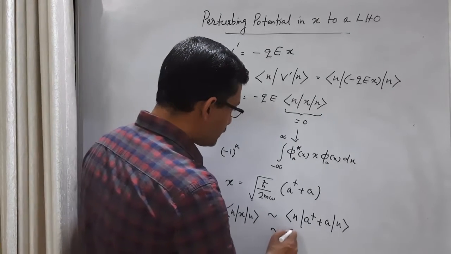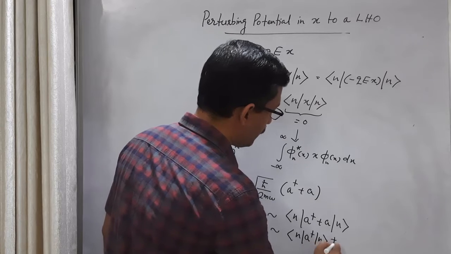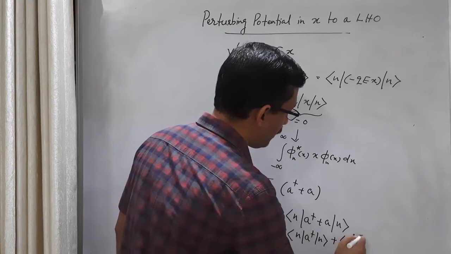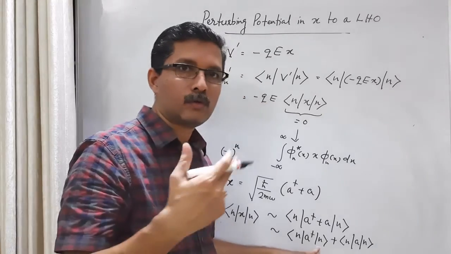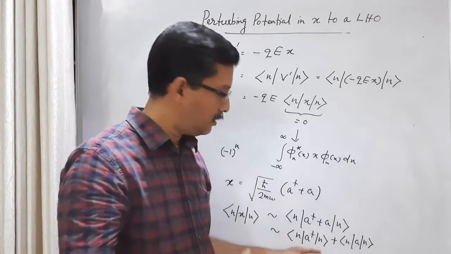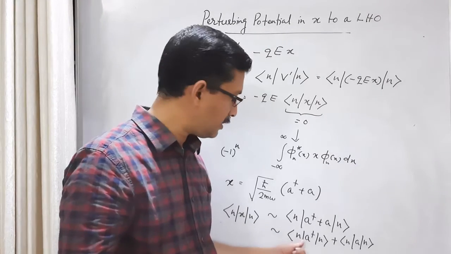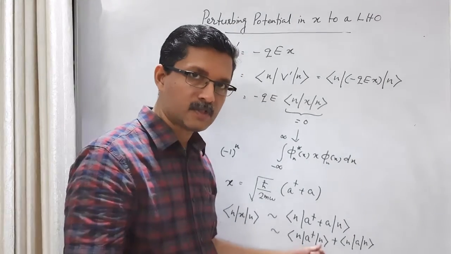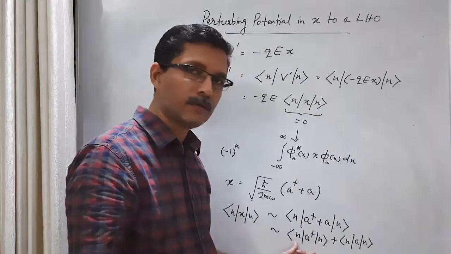This you can split as ⟨n|a†|n⟩ plus ⟨n|a|n⟩. Now a† acting on |n⟩ goes to the state |n+1⟩. So the bra vector is ⟨n| and the ket vector is |n+1⟩. These states are mutually orthogonal, so this inner product gives 0.